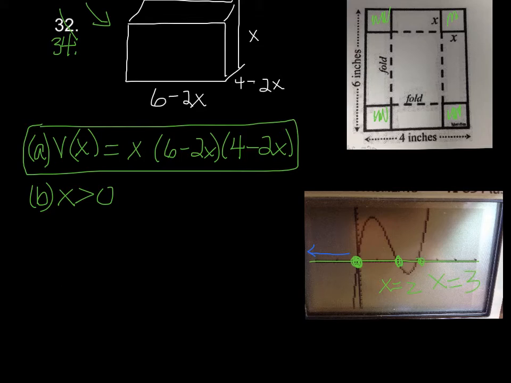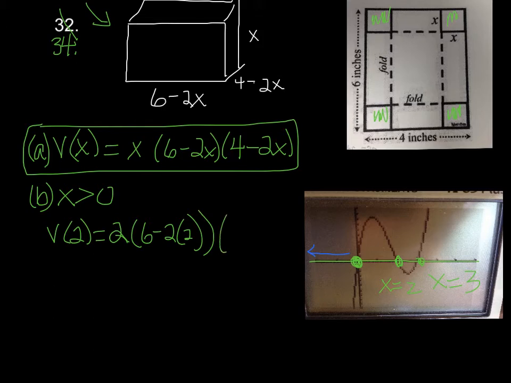All right, well, what I can do is I can look at any of those values. Let's say I look at v of 2, and I'm going based upon the part A equation. So let's say I put in 2. So then I would get 2 for x, right? And then I would get 6 minus 2 times 2, which is really 6 minus 4, right?